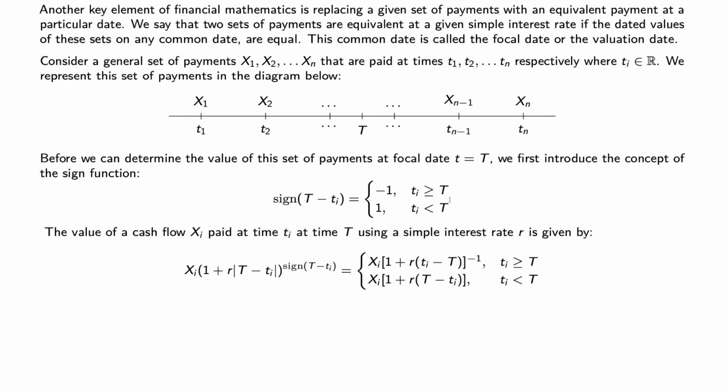We can say in a general sense that the value of a cash flow xi paid at time ti, at time t, so the value at time t using a simple interest rate r, is given by this very interesting looking formula here.